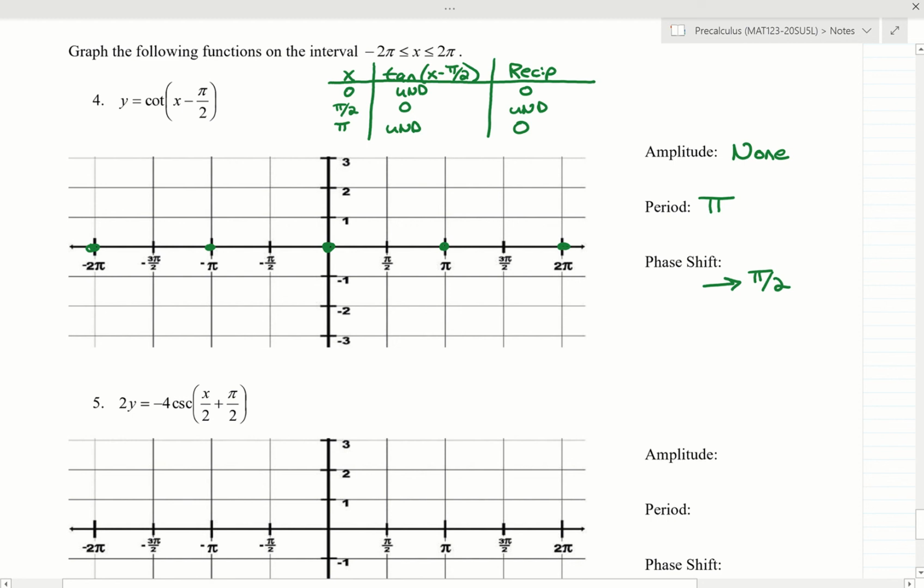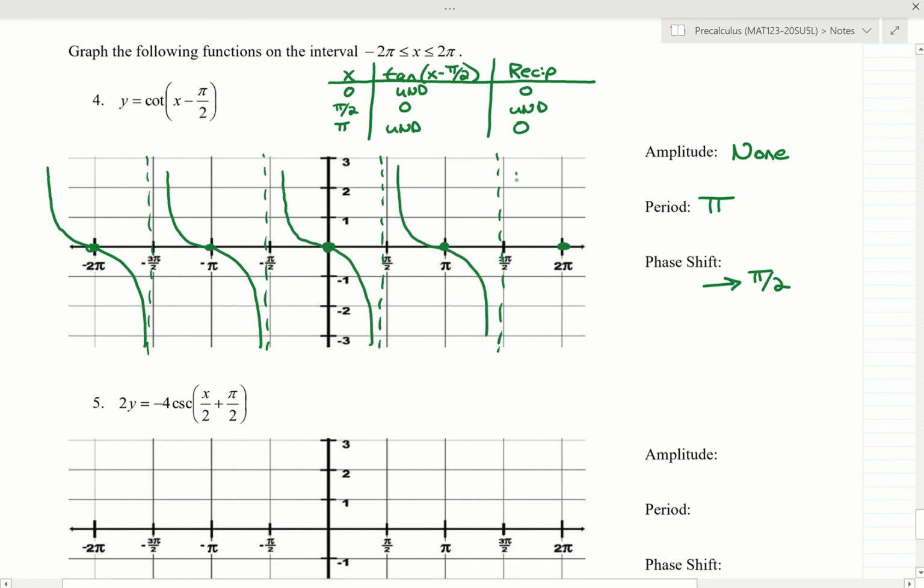Pi over 2 would be undefined, so I think we're starting to see what this graph would look like. Now just remember, cotangent is almost like a cubic function. It just is reflected over. So this is what this graph would look like, something like that.